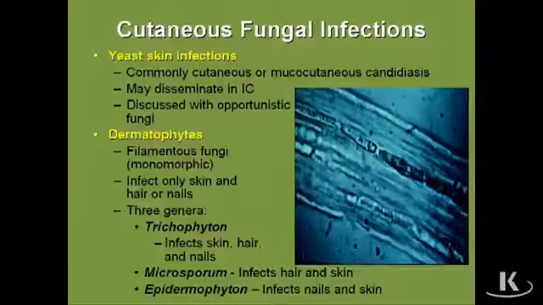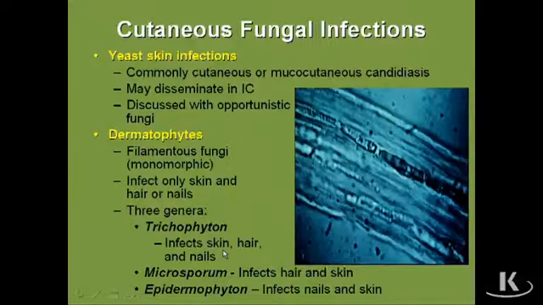All right? Now, this is one time where we're not going to focus on species. We're going to focus on the genus. So the three genera that are really important cutaneous infections are number one, Trichophyton. And how you're going to remember what it infects is by the name, tri, meaning 3. So it infects the skin, the hair, and the nails. Okay?